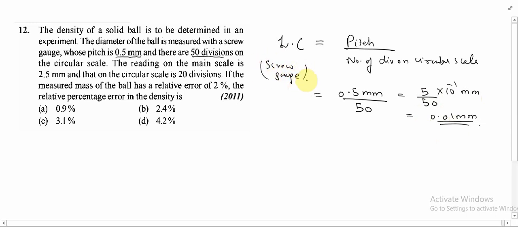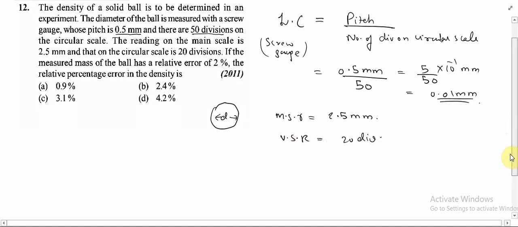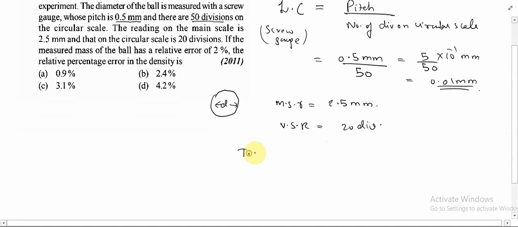Now we are using this screw gauge to measure the diameter of a solid ball. The main scale reading is 2.5 millimeters and the circular scale reading is 20 divisions. The total reading is given by MSR plus CSR into LC.